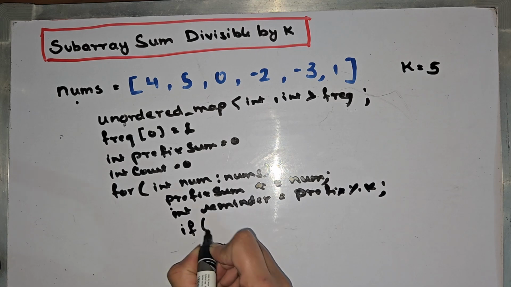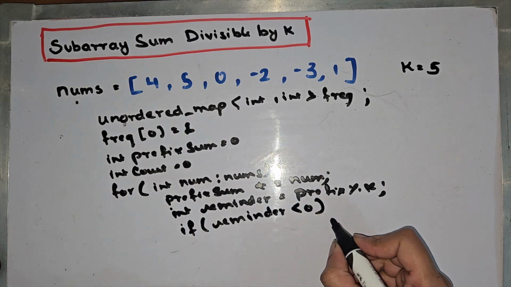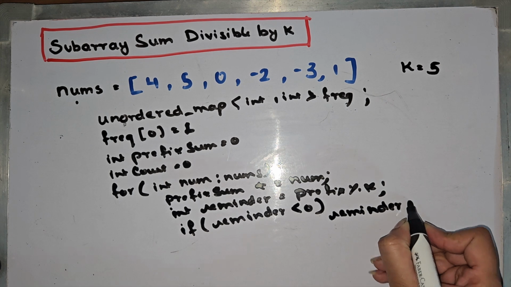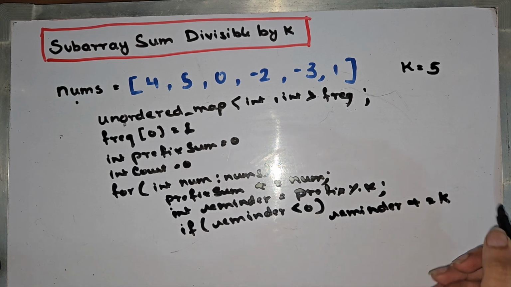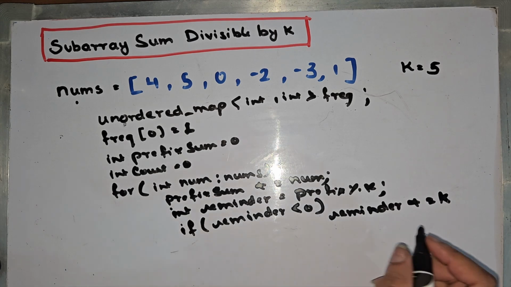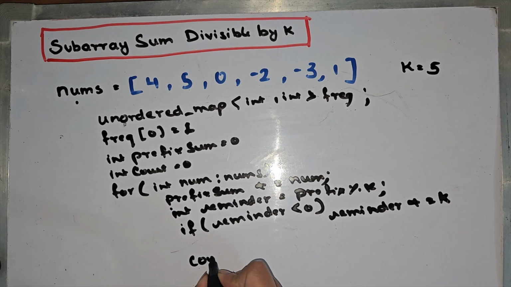If remainder is less than 0, we will do remainder plus k, because C++ can give a negative modulo and we convert it into positive. Now we have converted it to positive.